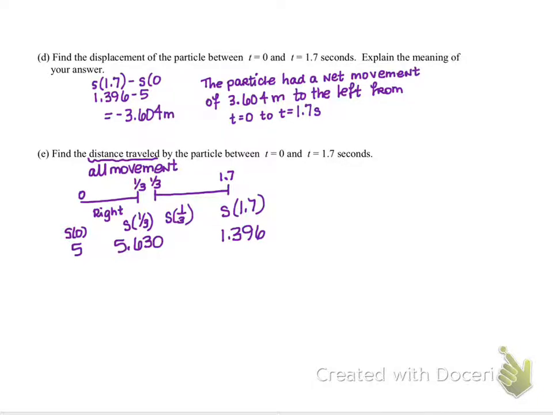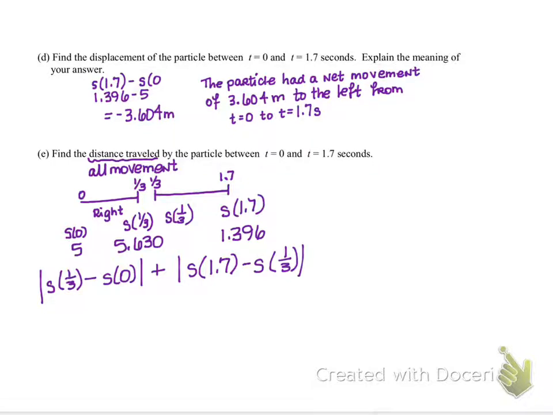Now, in order to find that actual distance, we need to look at the absolute value, because we're not taking into account whether it's moving to the left or the right. And when it's moving to the left, it's negative. But we need everything to be positive because we need to add up all of our distance regardless of whether or not they are left or right, positive or negative.